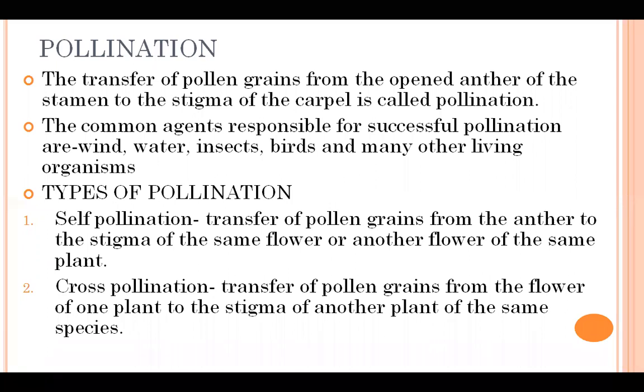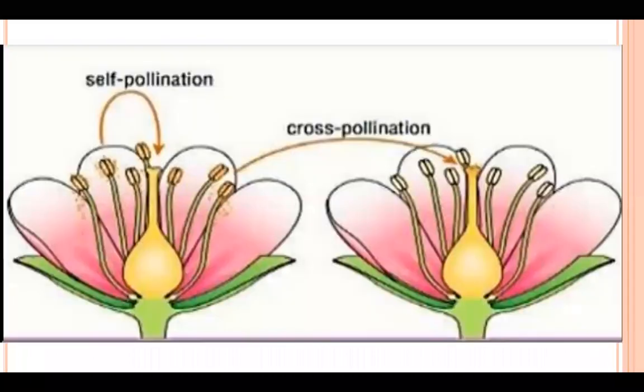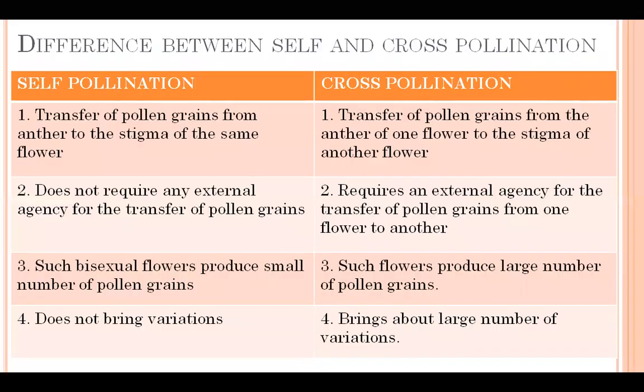Self-pollination is when the transfer of pollen grain takes place from the anther to the stigma of the same flower or another flower of the same plant. And cross-pollination is when the transfer of pollen grains takes place from the anther of one flower of one plant to the stigma of another flower of another plant but of the same species. That is cross-pollination. Then differences, I hope you have gone through these.